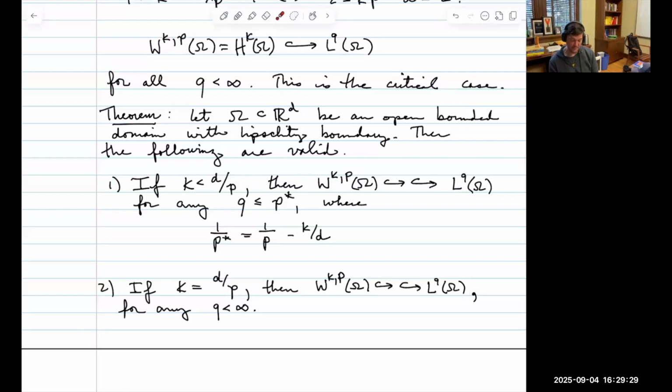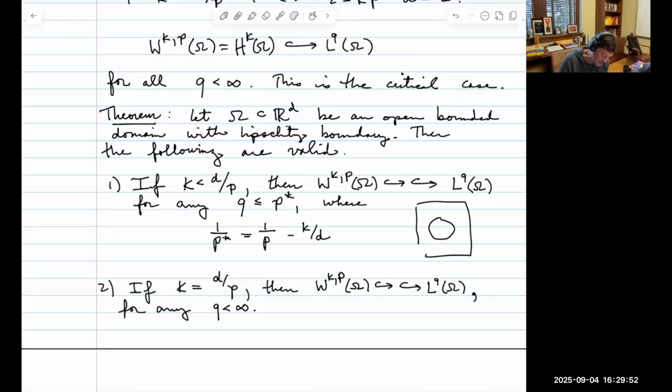So that's one extra feature. A compact embedding says that you have the containedness property, in other words the subset property, and you also have the continuity of the embedding map, but you have one extra property, and that is the compactness of the embedding map.